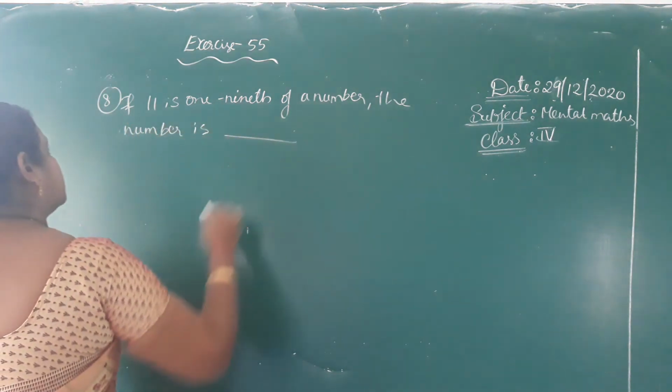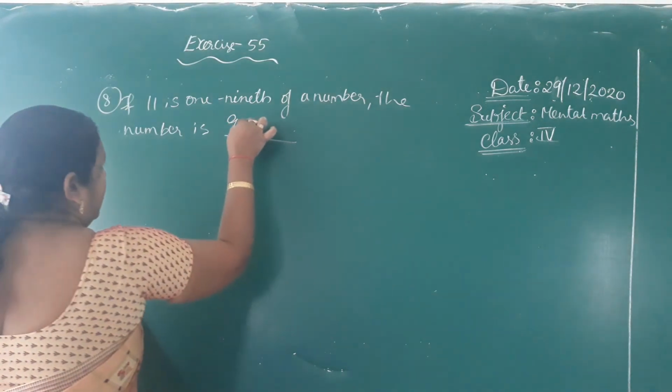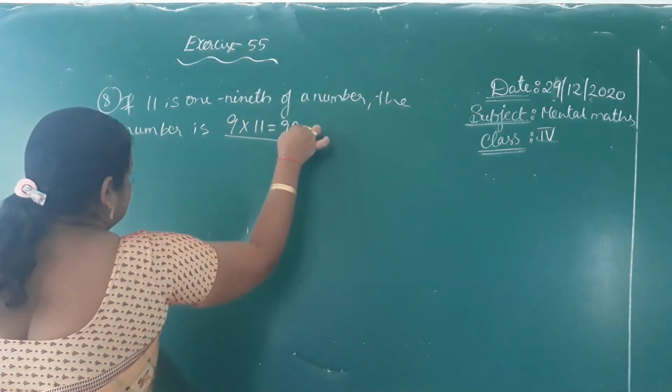That means they are saying 11 is 1/9 of a number, that is, the 1/9th part of the number is 11. So what is the total number? 9 into 11. 9 elevens are 99.